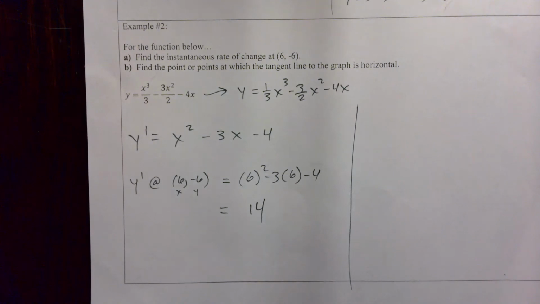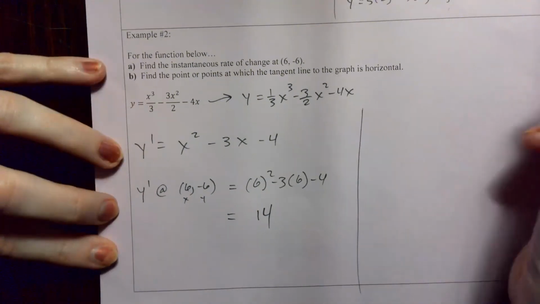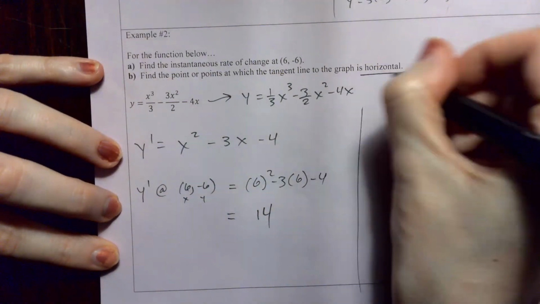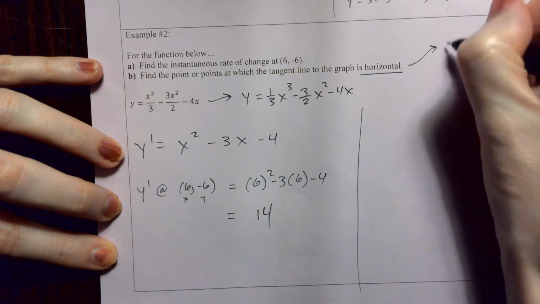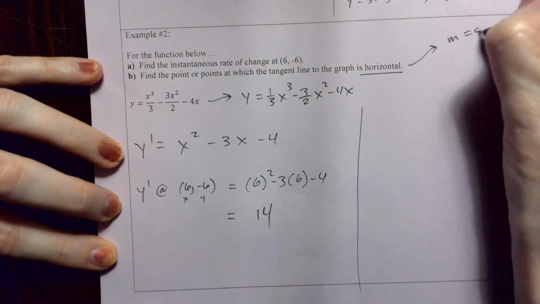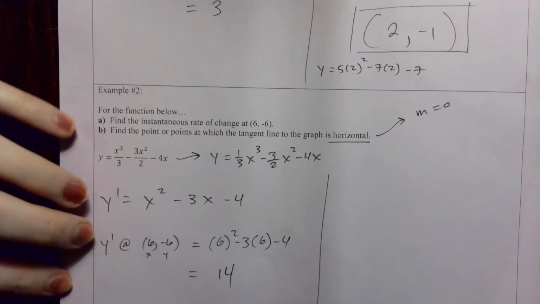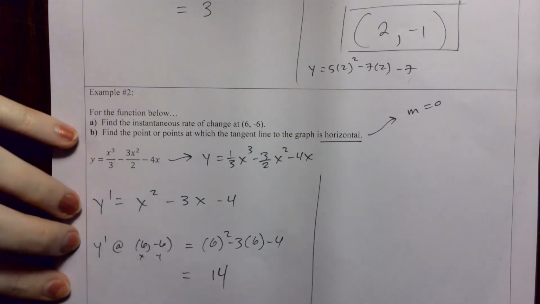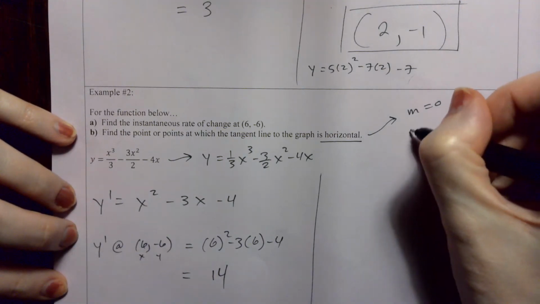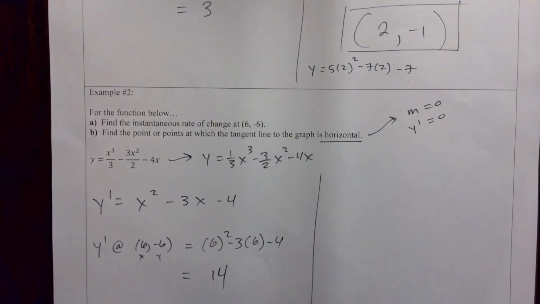All right, now the next one, we want to find the point or points at which the tangent line to the graph is horizontal. Guys, you need to know that a horizontal line has a slope of 0. I remember m was used for slope, like mx plus b in a line. But the slope is y prime.